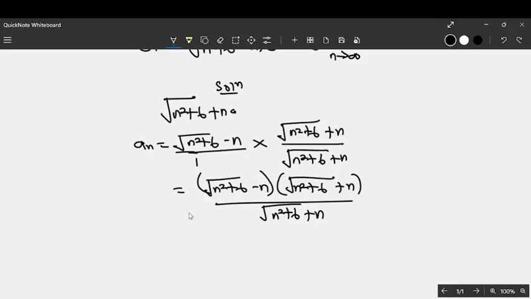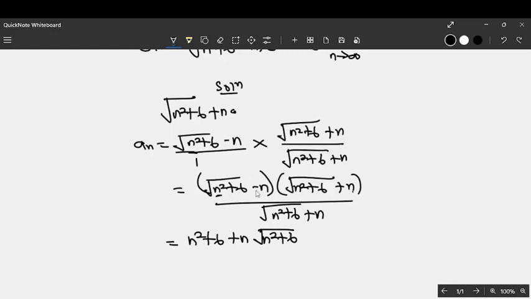Now the square root of n squared plus 6 times the square root of n squared plus 6 will give you n squared plus 6. Then the square root of n squared plus 6 times n will also give you positive n times the square root of n squared plus 6.